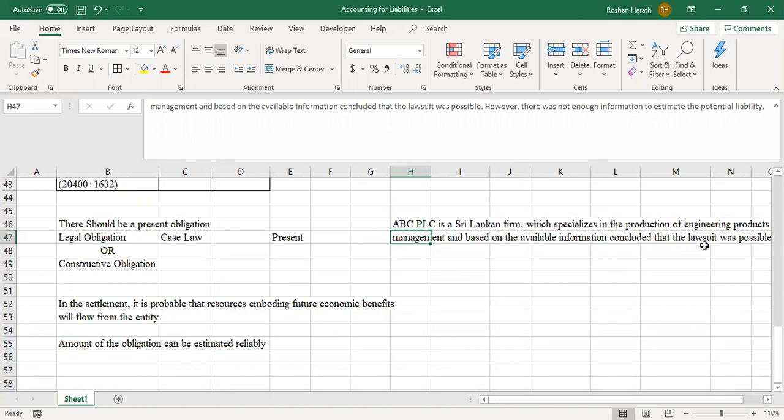So it confirms that you won't be able to successfully defend the case. You may be found guilty, and if so, when it comes to the settlement, it is probable that resources would be taken out of the business.